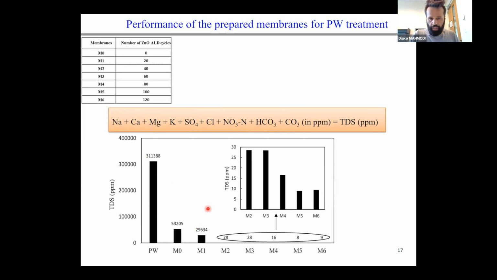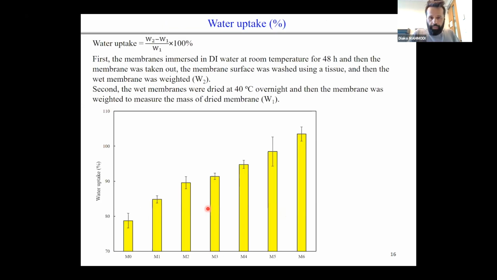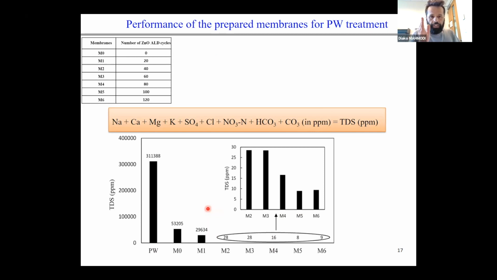Again, it's too salty. It's not good enough for agricultural purposes, for drinking water, and for livestock watering. But from M2 to M6, the TDS reached 28, which means in terms of TDS, the treated water met all EPA requirements for agricultural purposes.